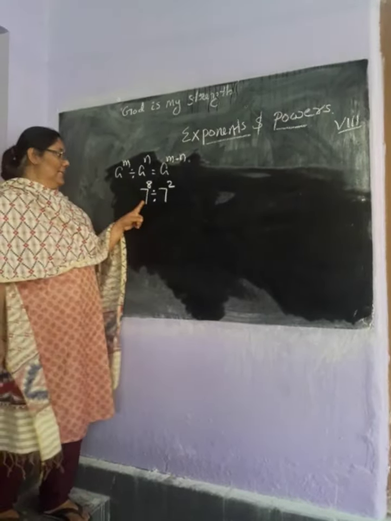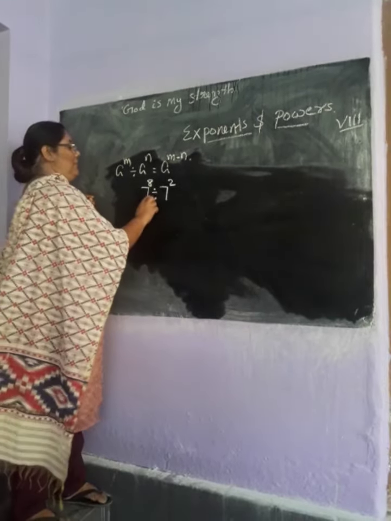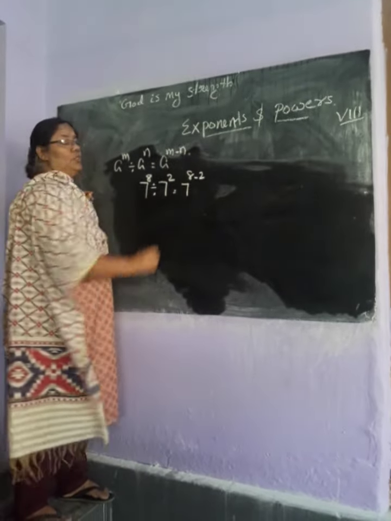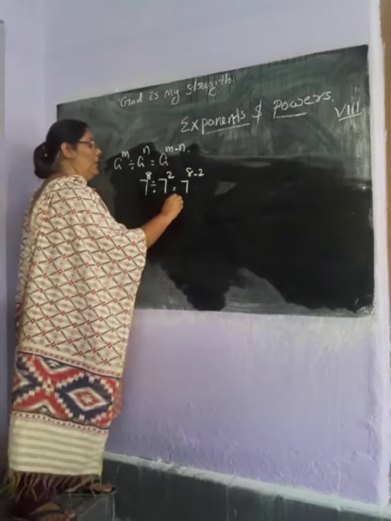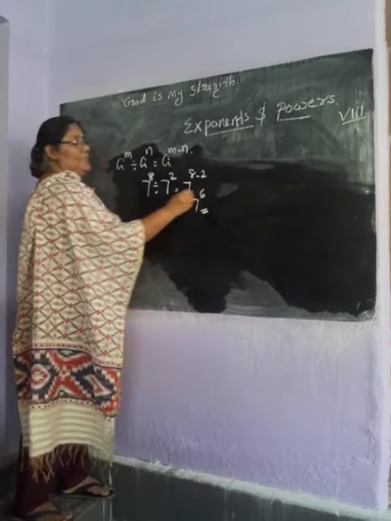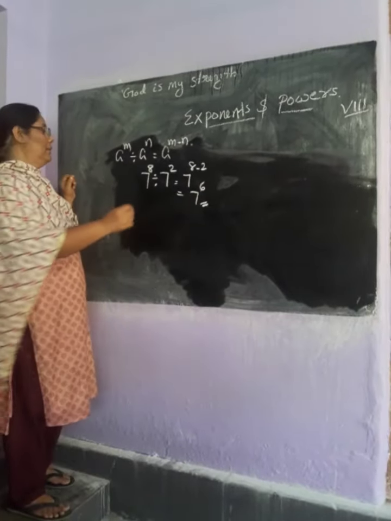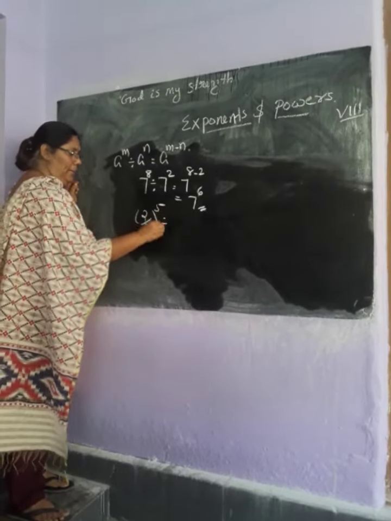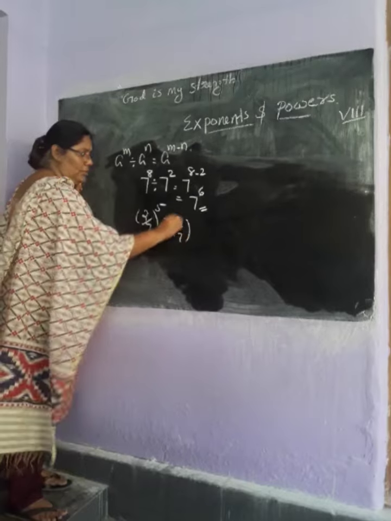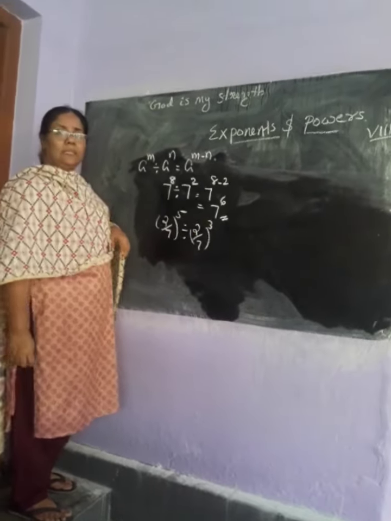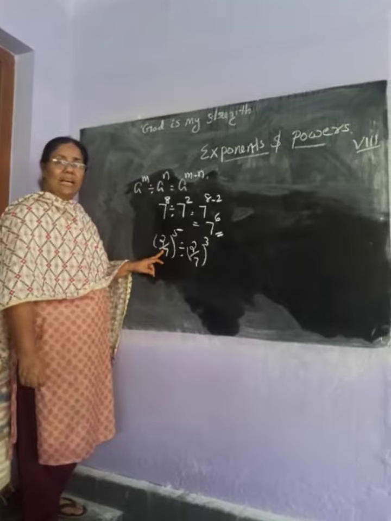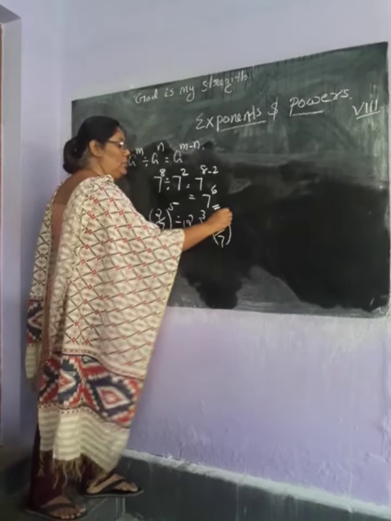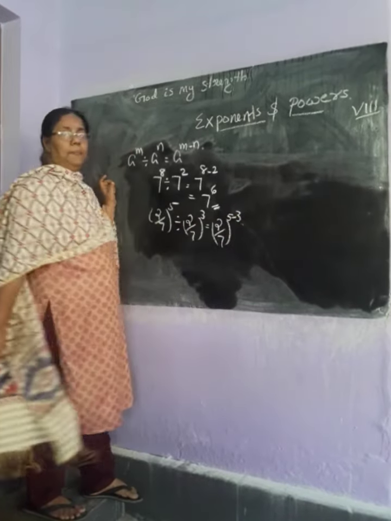What's the base here? 7 is the base. Therefore, since the operation is division, 7 raised to 8 minus 2, that is 7 raised to 6. Another example, 2 by 7 the whole raised to 5 divided by 2 by 7 the whole raised to 3. Both bases are 2 by 7. Therefore, 2 by 7 the whole raised to 5 minus 3.